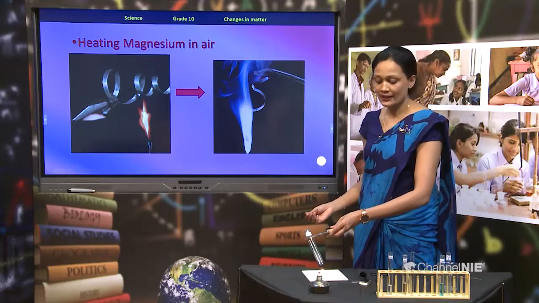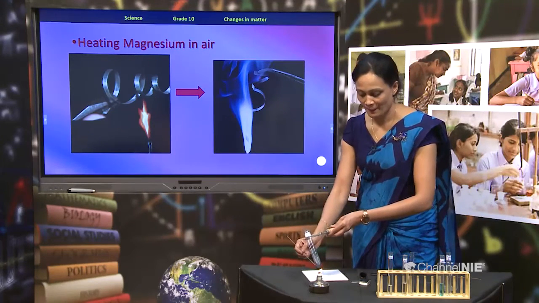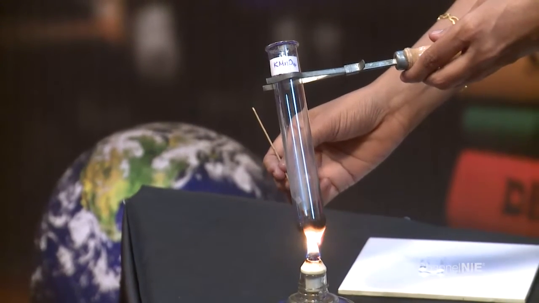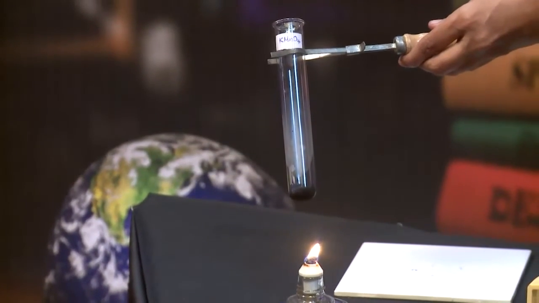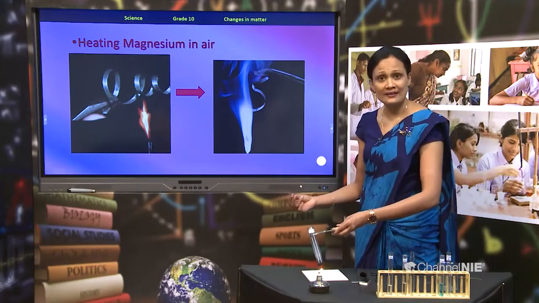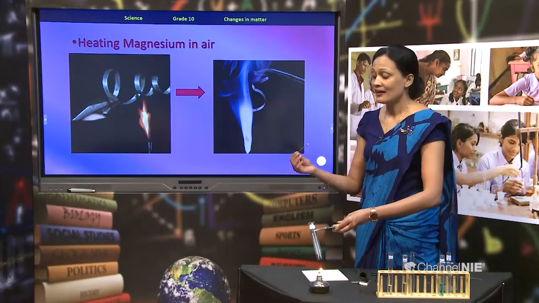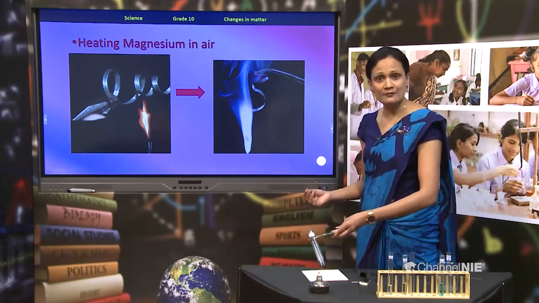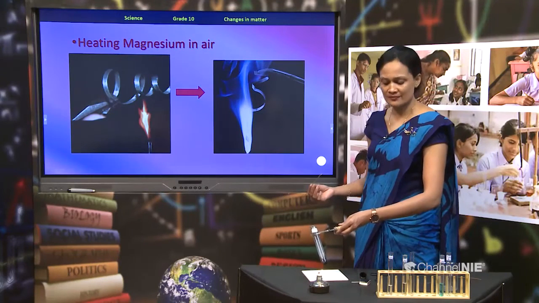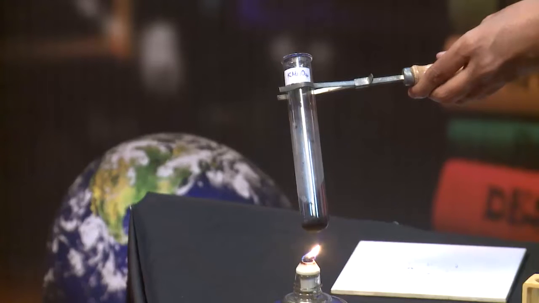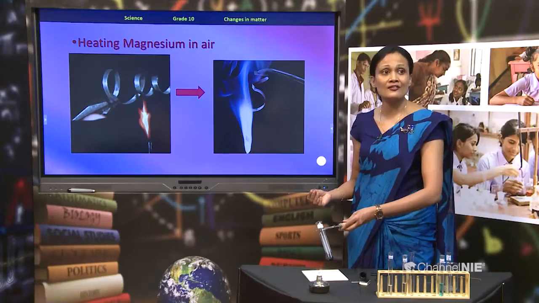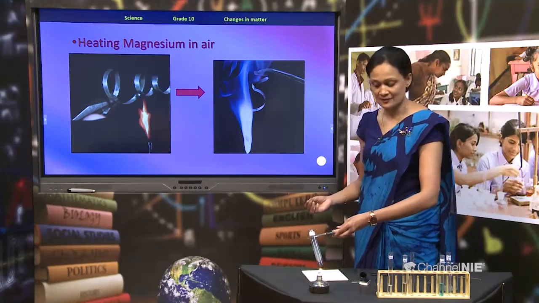While heating that, I am going to take a glowing splinter. What is the use of a glowing splinter? In labs we use a glowing splinter to identify oxygen gas. How can we identify oxygen gas? The glowing splinter burns with a bright flame. If not, it reignites. Okay, let's see.